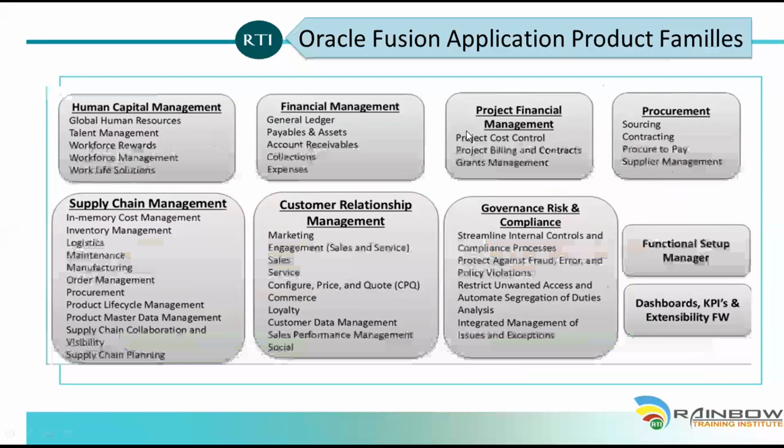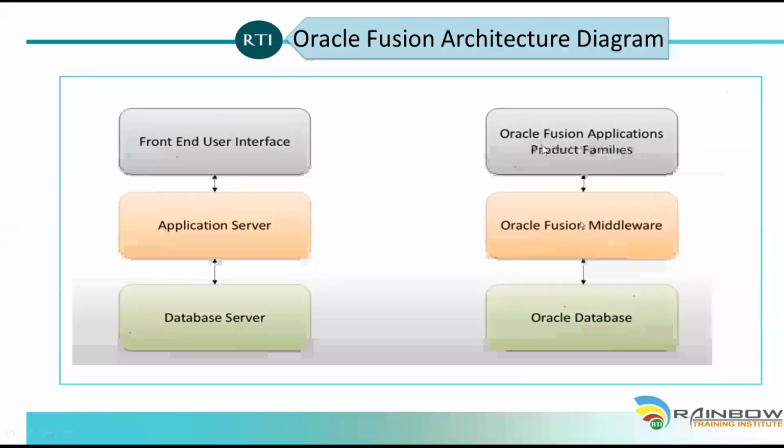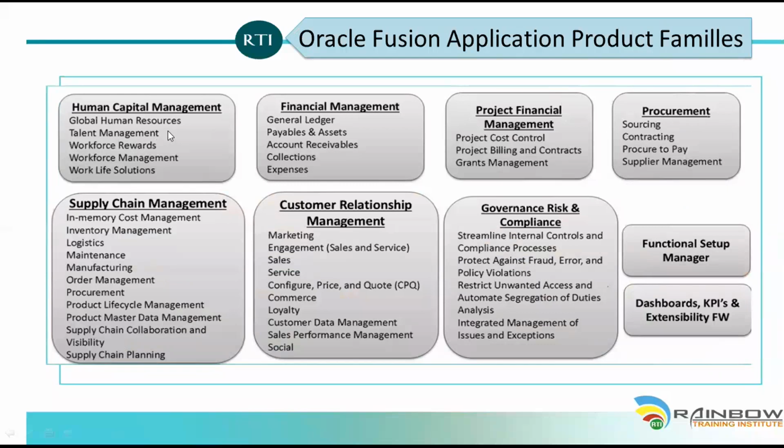And we have different product families. When you say application, we have different application product families. We have Human Capital Management and Financial Management. What we used to call project accounting in E-Business Suite, here we call Oracle Project Financial Management, where we have costing, billing, and management, and we have procurement.